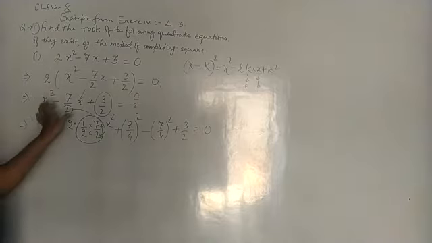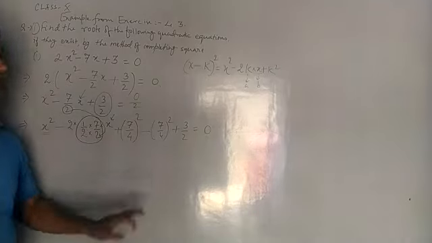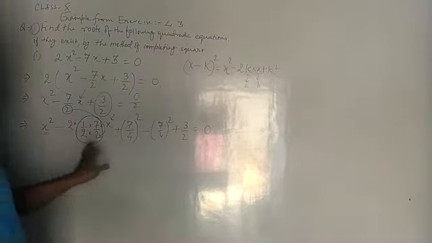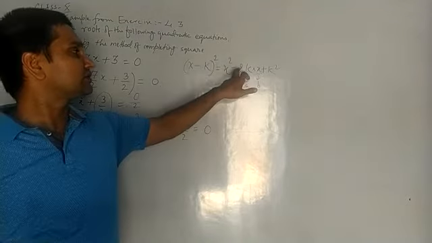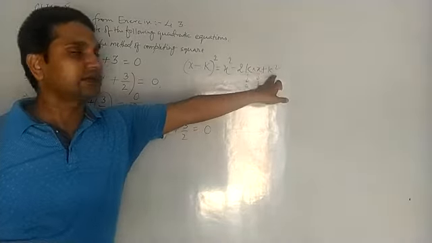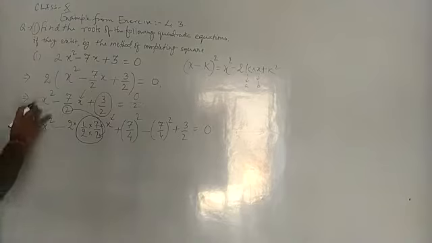Now we want to make it a perfect square. So how can we make it a perfect square? x minus k whole square is x square minus 2xk plus k square. So we want to write it like that.